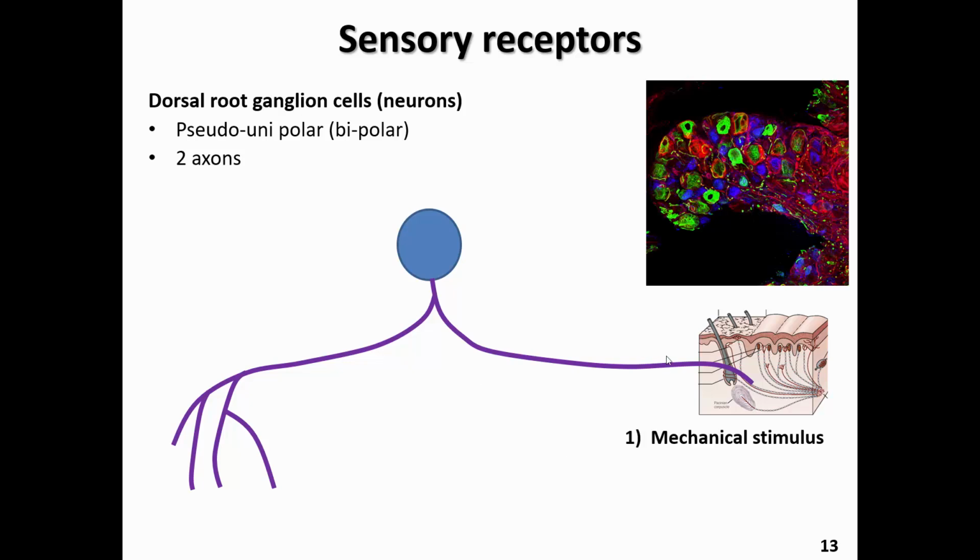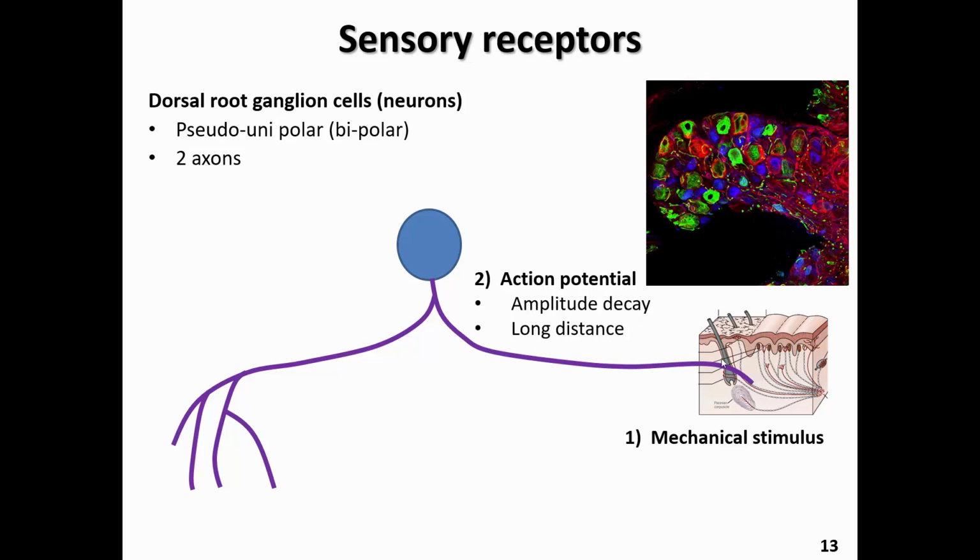If we start on the bottom right-hand corner of the slide, in this illustration of the skin, we see that sensory receptors embedded within the skin are triggered by a mechanical stimulus, and the mechanical stimulus will cause a discharge of action potential trains that will travel along the axon towards the cell body housed just outside the spinal cord.